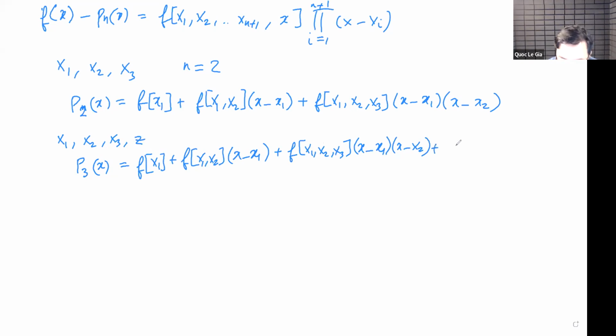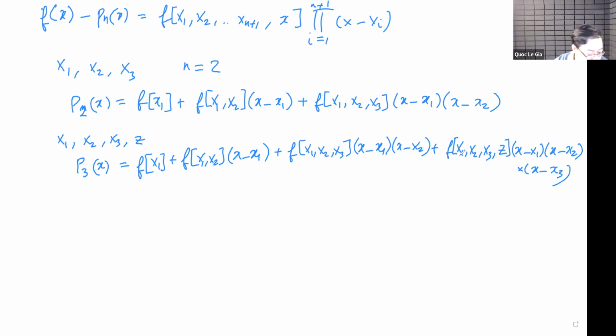The extra term will be f[x1, x2, x3, z], and a product of (x minus x1)(x minus x2)(x minus x3). Before we didn't have this, because now we have an extra point.